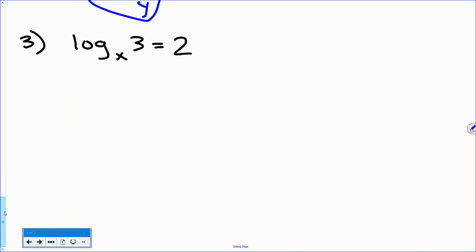So if I change this to exponential form, I got a base of x, my exponent is 2, and it must equal 3. So we got a little quadratic equation. You don't need to get it all equal to 0 on one side because we don't have that middle term with an x anyways. We can just take the square root.